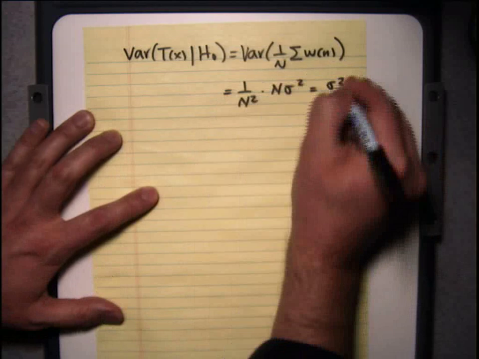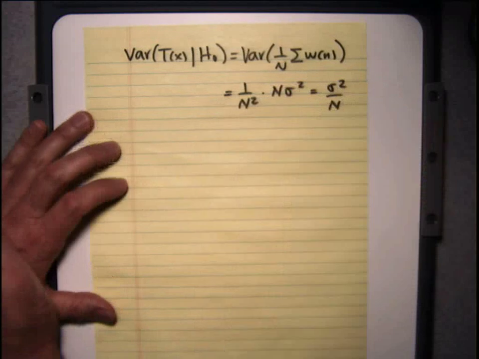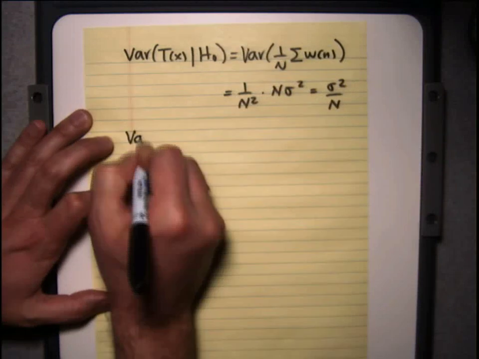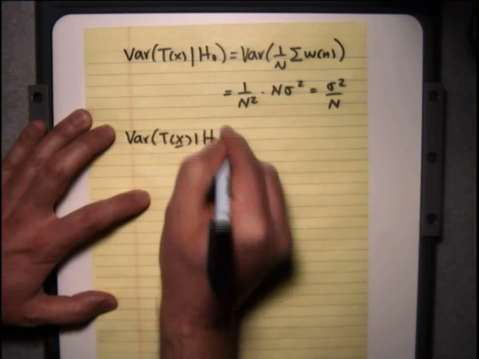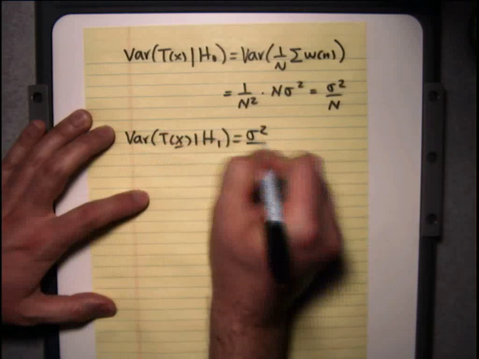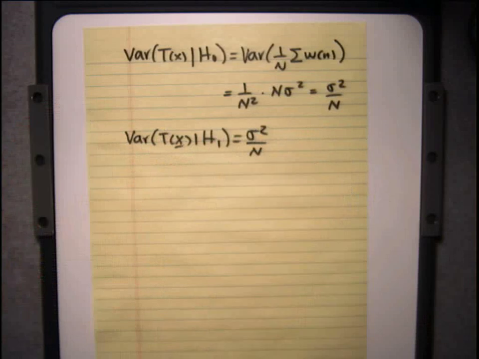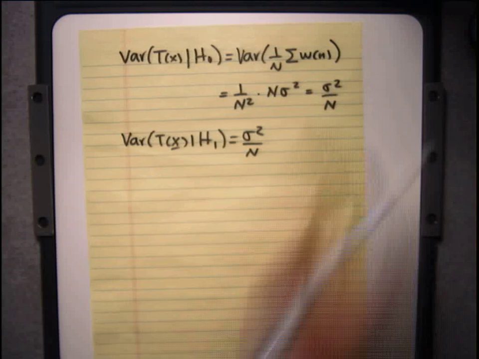So it's sigma squared over n. Okay? Variance of T(x) under H1 is the same thing, sigma squared over n, because the only difference is that the deterministic, non-random constant has been added in the other case. So the variance is the same.